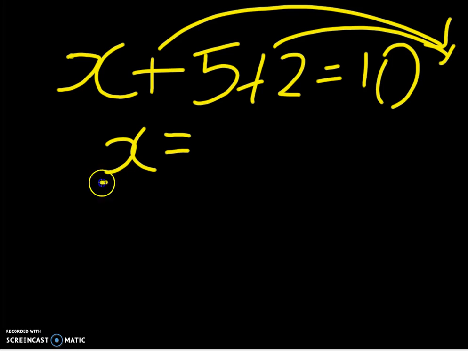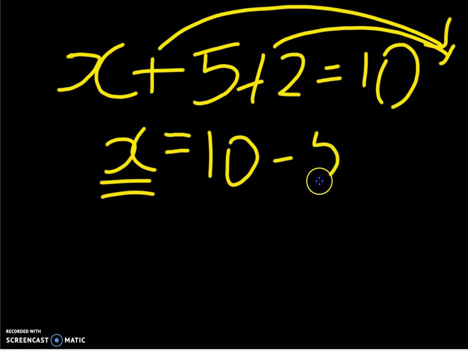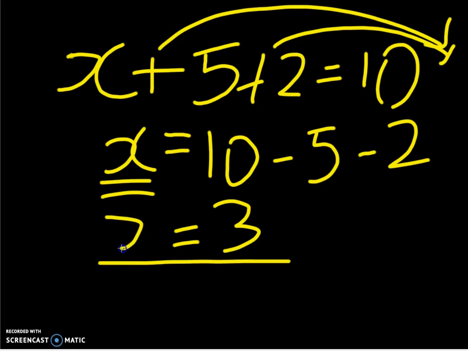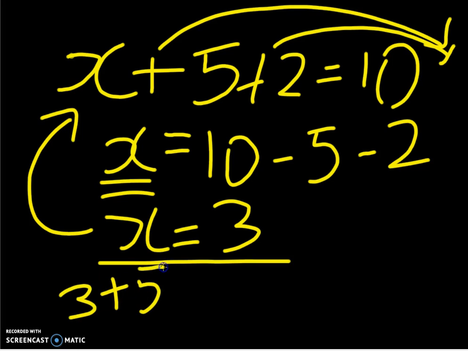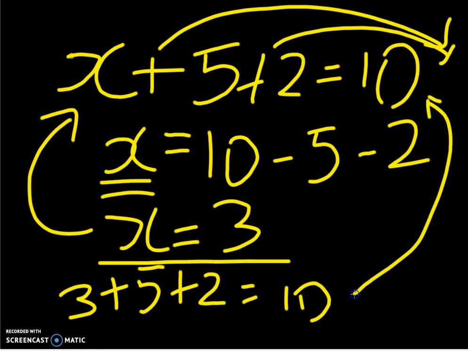So x stays on this side of the equal sign, and all the numbers go to the other side and become 10 minus 5 minus 2. Then we do the calculations. 10 minus 5 is 5, 5 minus 2 is 3. We get x equals 3. Now we substitute it back inside the original equation: 3 plus 5 plus 2. 5 plus 3 is 8, 8 plus 2 is 10. And we get the same answer.